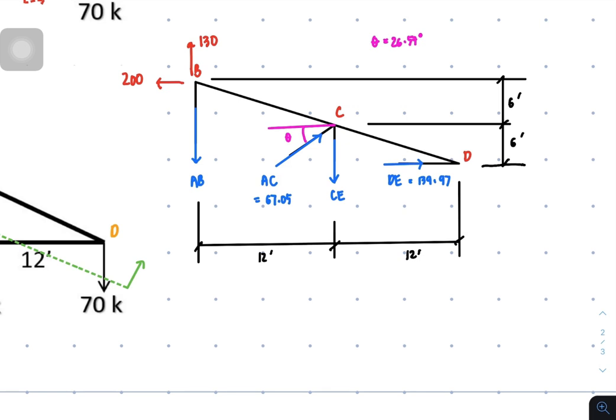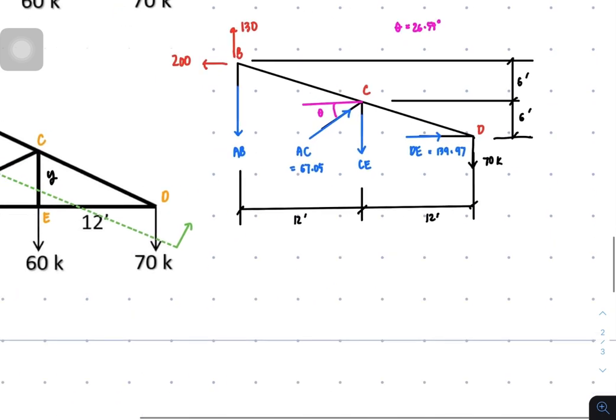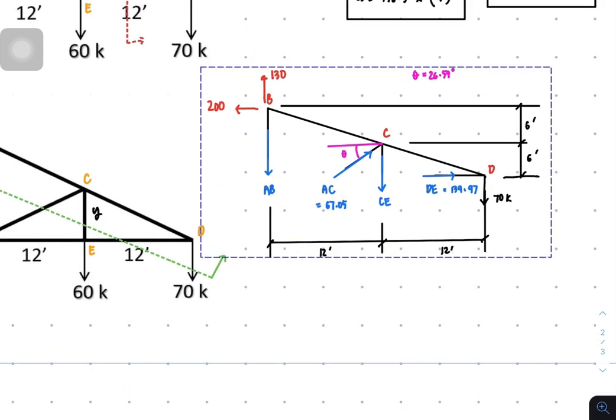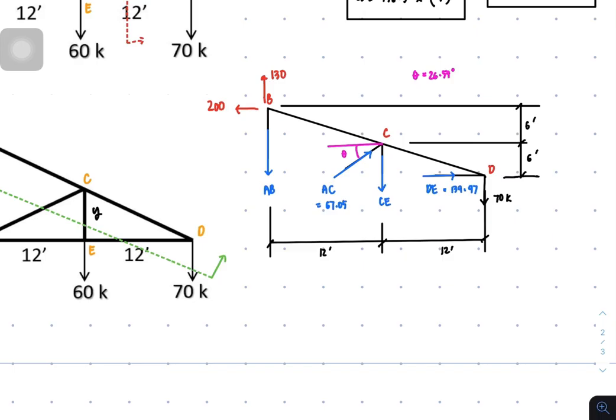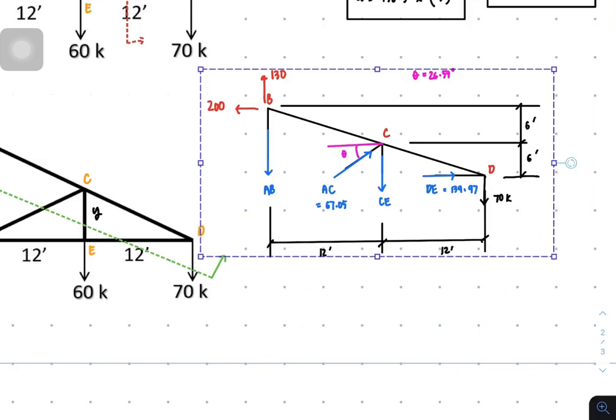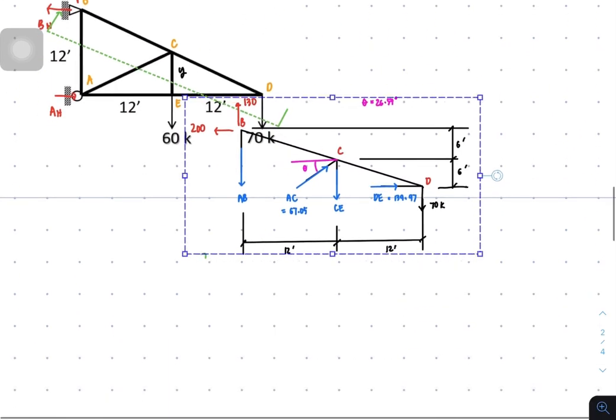Okay, let's have summation of moment at, oh, do not forget, we have a force here that's equal to 70 kips. So let's just transfer it here.